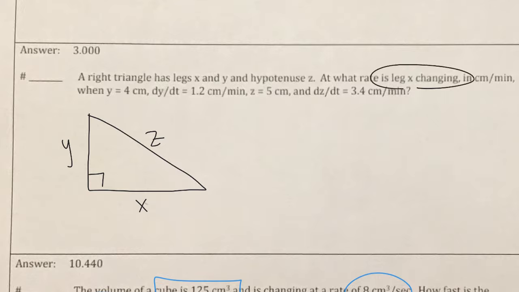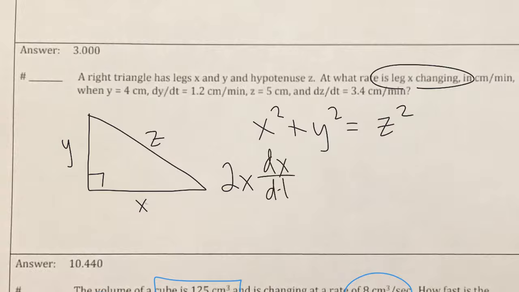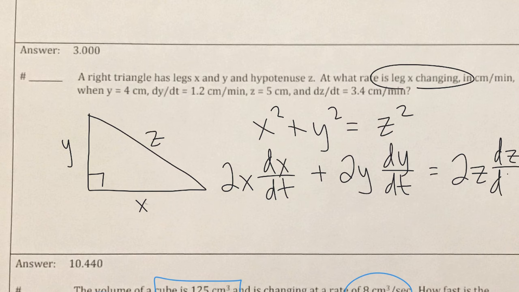Okay, so we have x squared plus y squared equals z squared. So 2x dx dt plus 2y dy dt equals 2z dz dt. So we know what y is, check. We know what dy dt is, check.